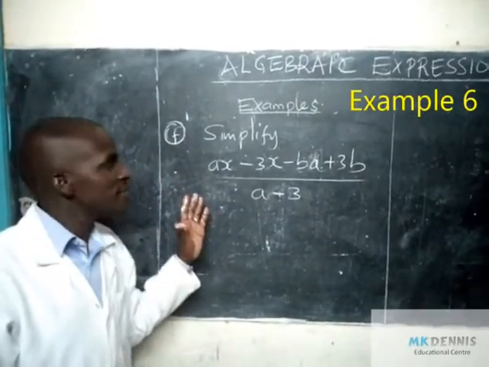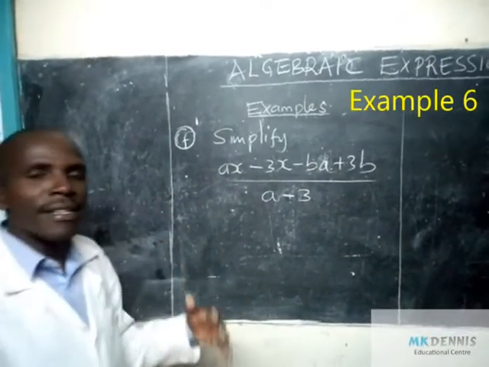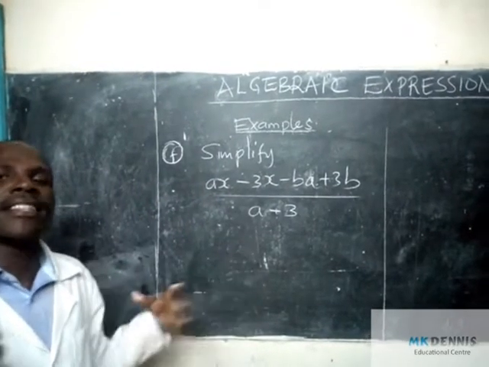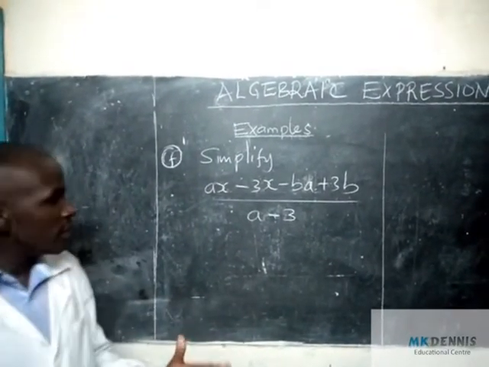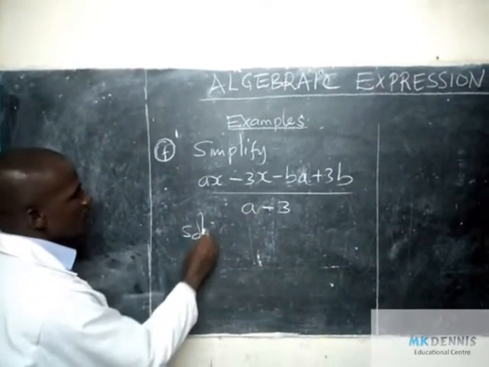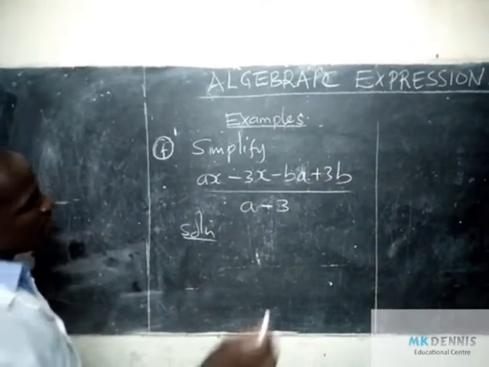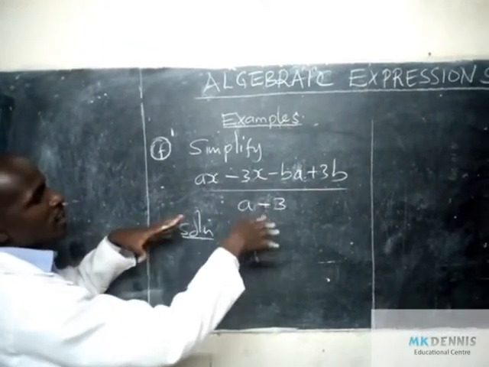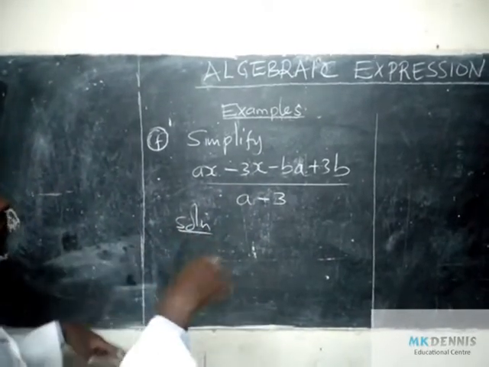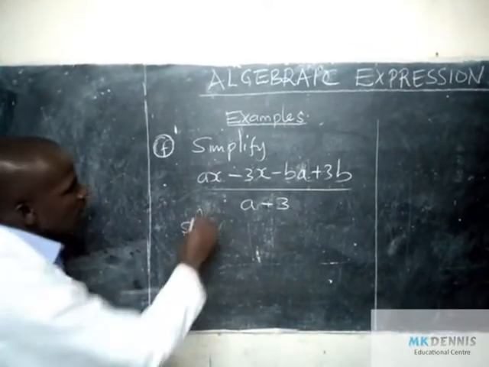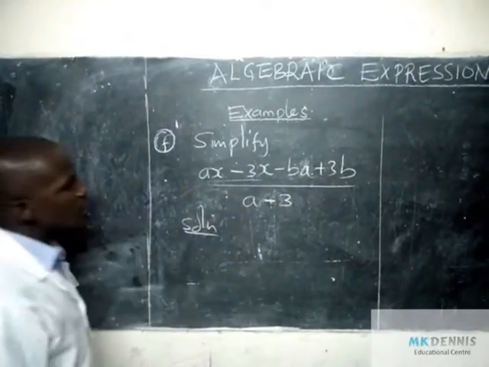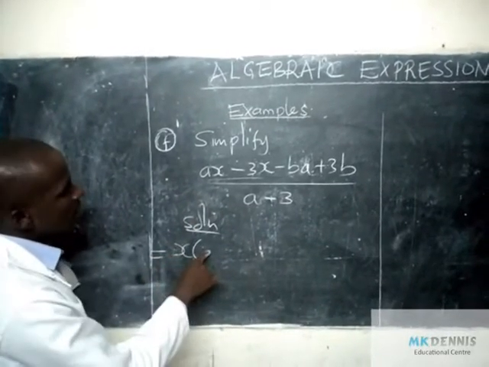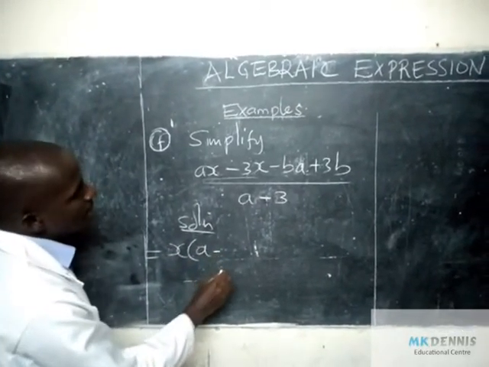In this sixth example, we are still in the application of factorization in simplifying expressions. Now let's see how you deal with such a problem. In simplifying this, we shall factorize the numerator, and also factorize the denominator if possible, and then compare the two. Whatever cancels out, then you get the answer. Now in factorizing this one, x is common, so we shall have x into a minus 3.